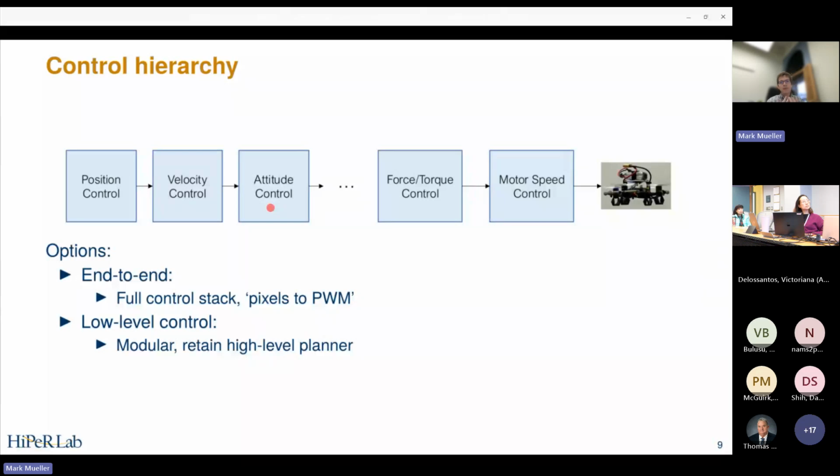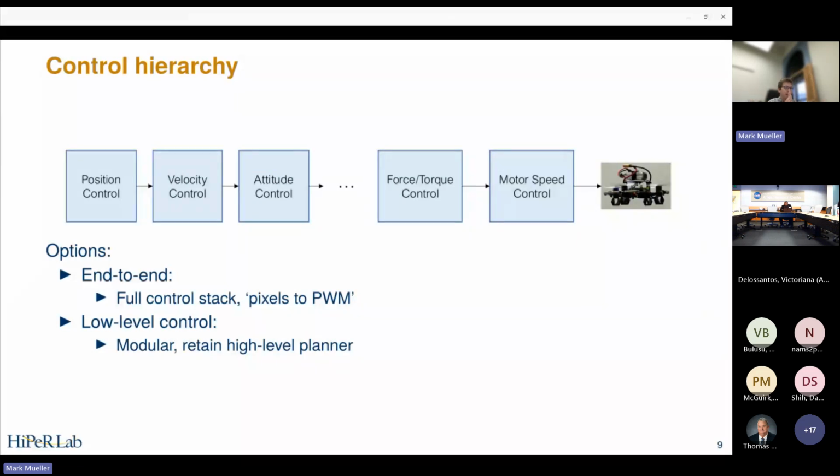When we're talking about trying to learn a controller, there are different approaches you can use. One is end-to-end learning, which you can think of as pixels to PWM. You take this entire stack, starting with the position control and ending at the motor speed control, and replace this whole block with a learned element.